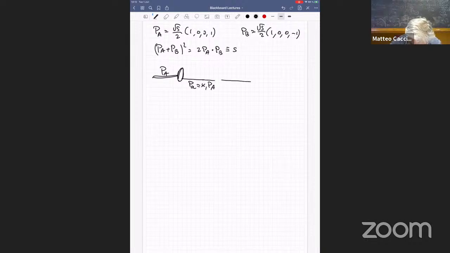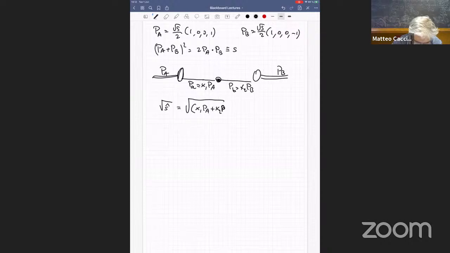And on the other side, you have something similar, a momentum x2 PB, and then here is the collision. So you also have a center of mass energy of the hard collision, which is typically denoted by s hat and given by (x1 PA plus x2 PB) squared. And then if you do the calculation, this is nothing but x1 x2 s.